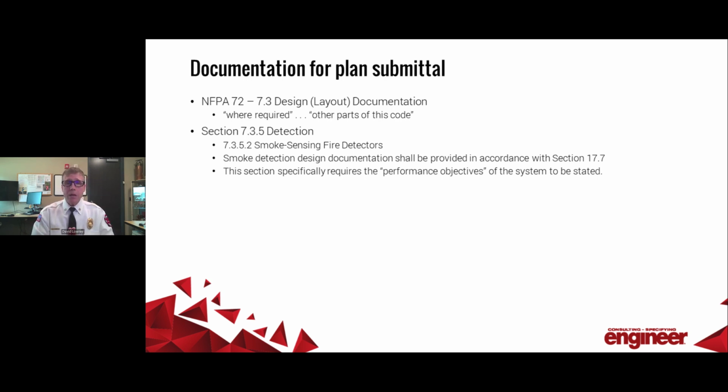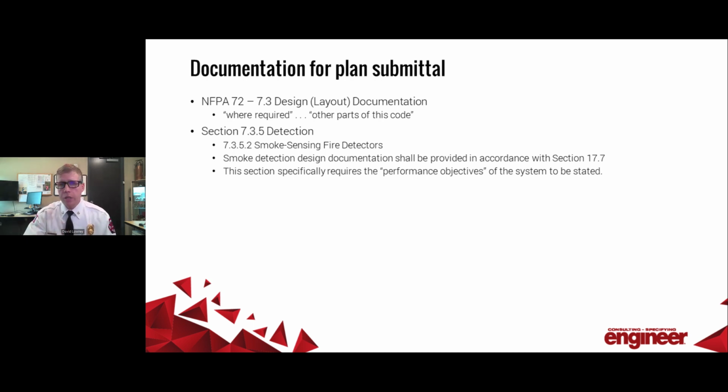So even though that 7.3 is not listed in the minimum, it's where required. Other parts of this code does require it, right? And this is just one small example that it now becomes part of that minimum that you have to submit.